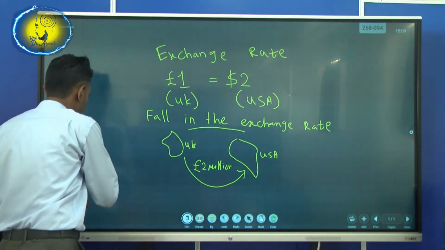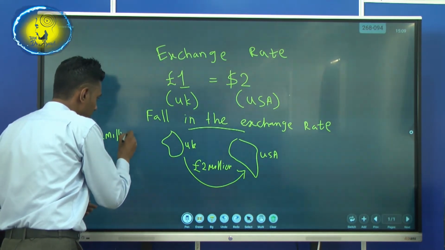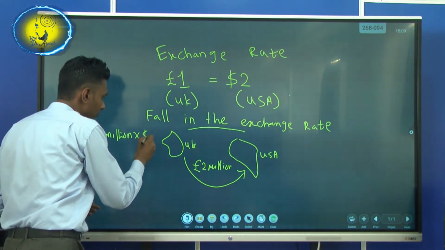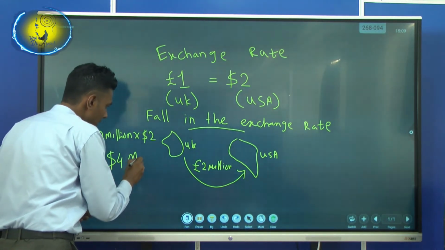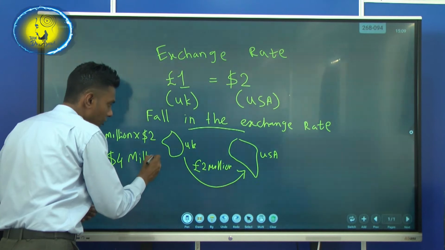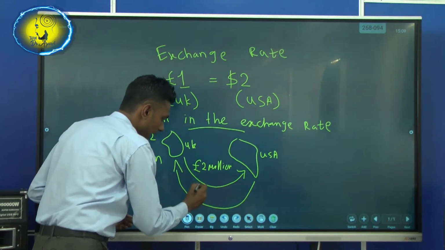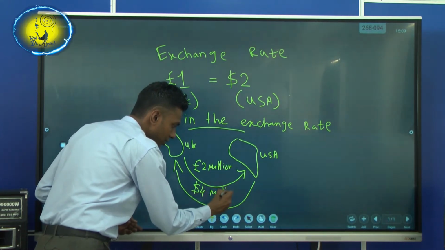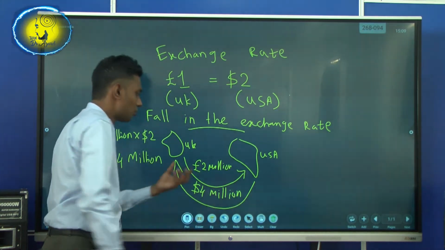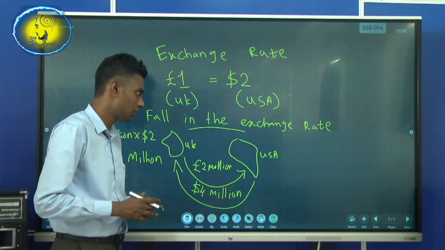That means 2 million pounds multiplied by 2, you need $4 million. You all know how to calculate. That means America has to spend 4 million US dollars to buy 2 million pounds of goods.